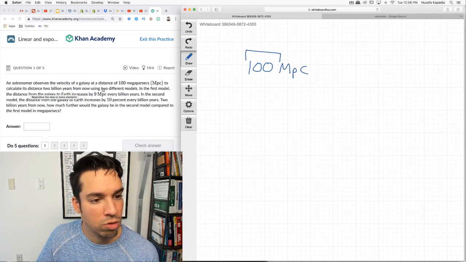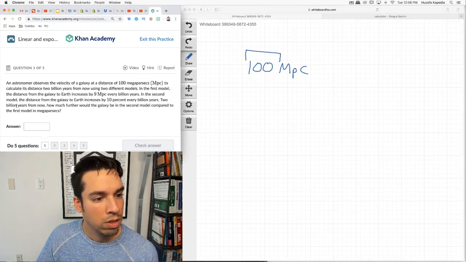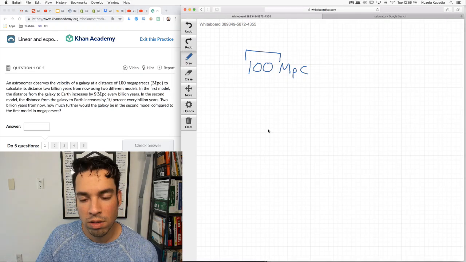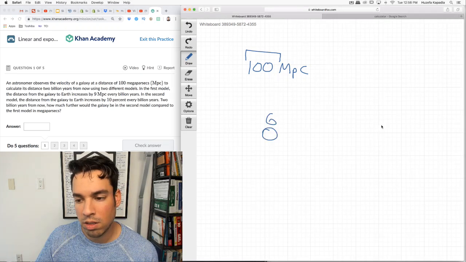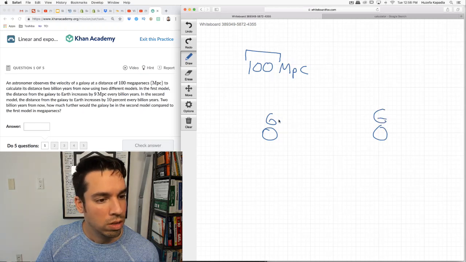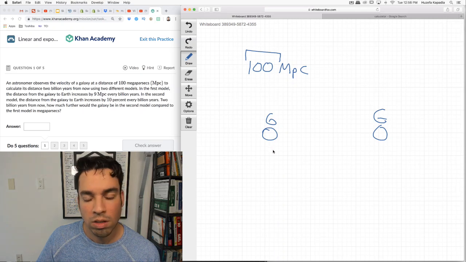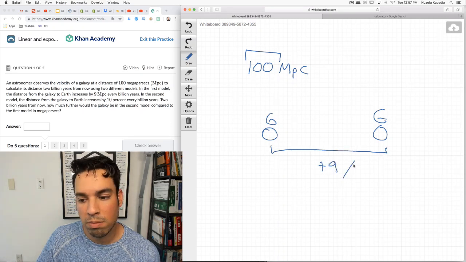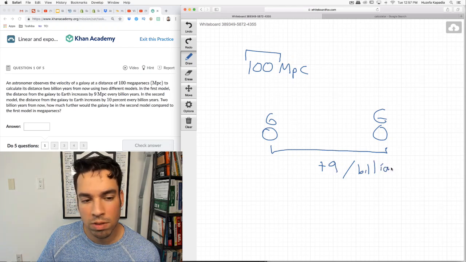In the first model, the distance from the galaxy to Earth increases 9 every billion years.